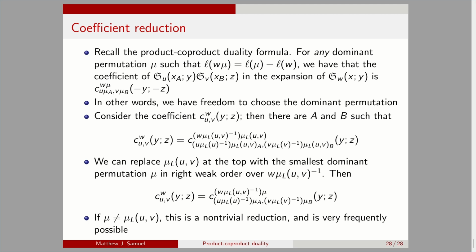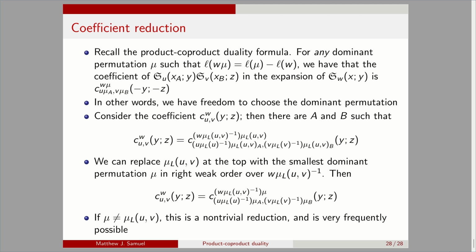So we have freedom to choose the dominant permutation here. If we consider any coefficient c^w_{u,v}(y,z), then we can pick A and B such that we have this identity. I'm not going to read the whole thing, but it identifies a product coefficient with a coproduct coefficient. This is actually the same as in the theorem previously.